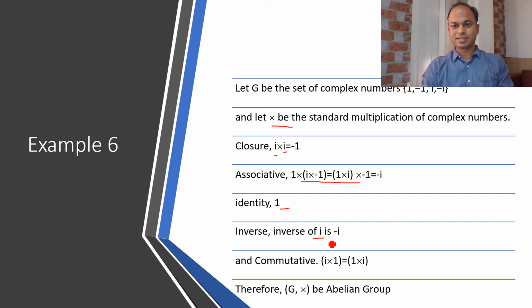Therefore inverse exists. If we talk about the commutative property, this is true; we may write 1 multiplied by i equals i multiplied by 1. All these 5 properties are satisfied. So we can say that this particular G multiply is here our abelian group. Thank you.